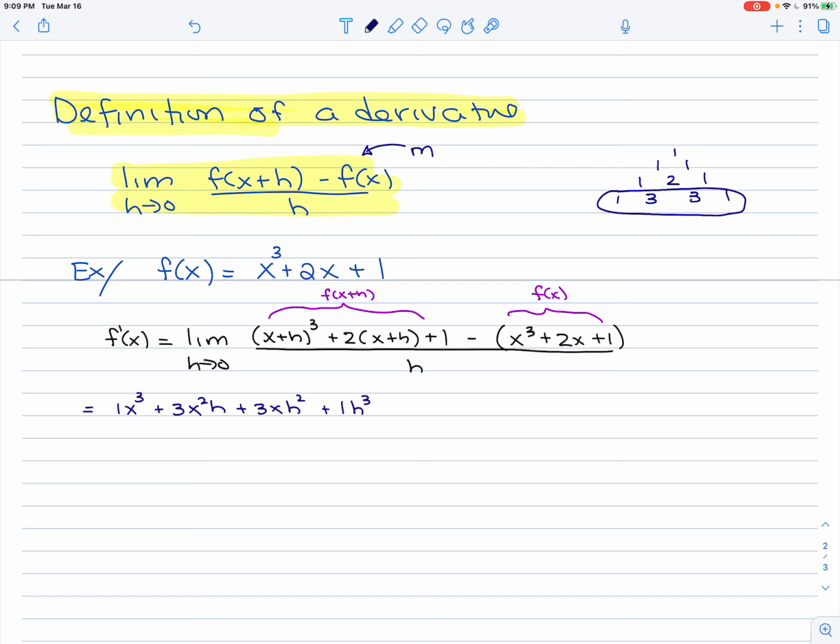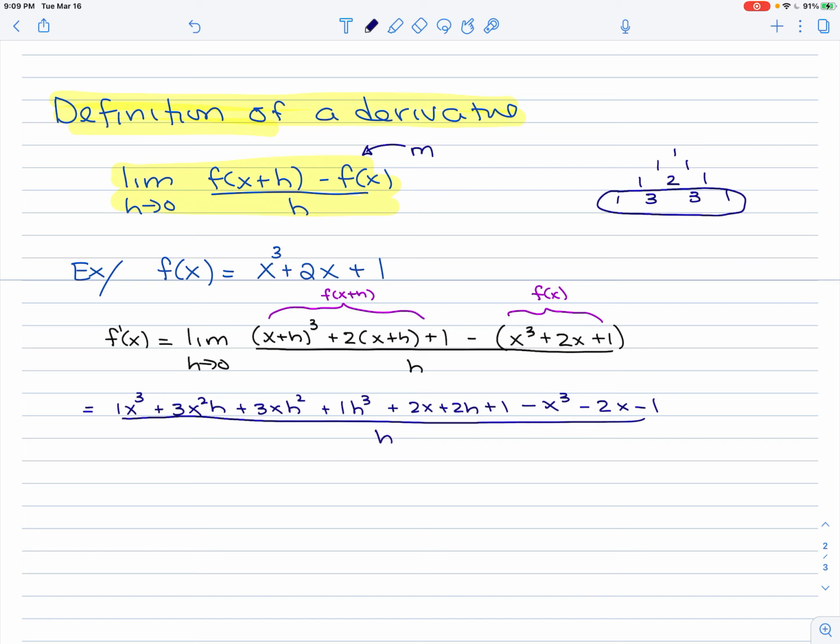So that's the expansion of that. And again, that's a nice review of that. And then I have plus 2x plus 2h plus 1. And then I'm going to remove the brackets and distribute that negative in, and I get minus x cubed minus 2x minus 1, and all over h.